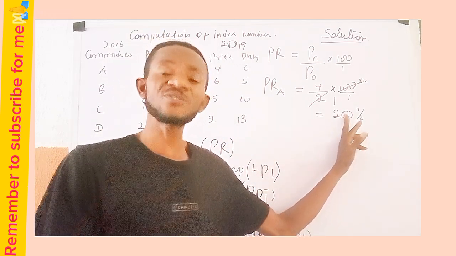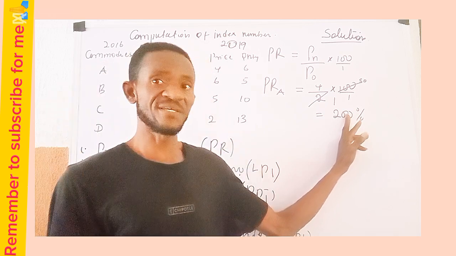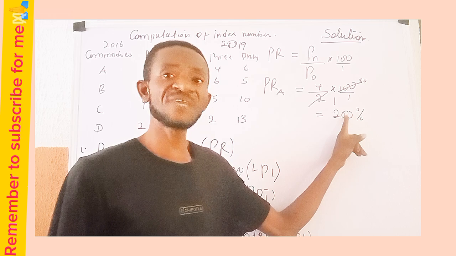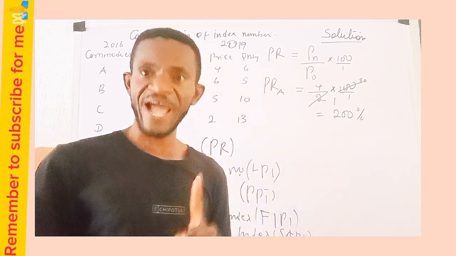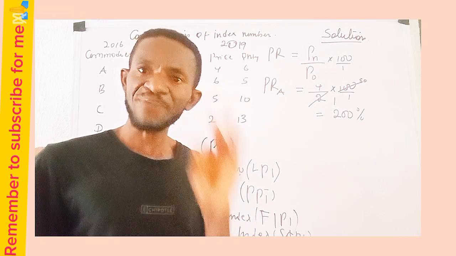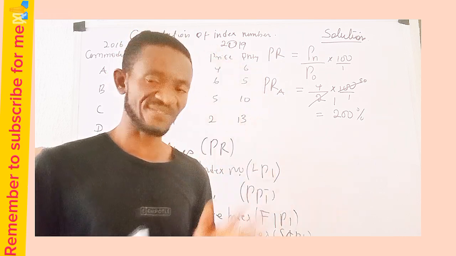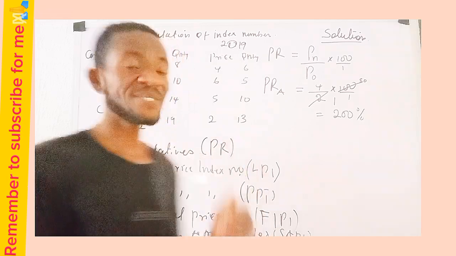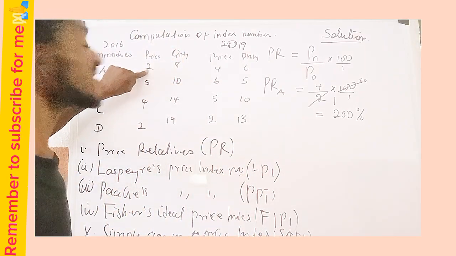First of all, we subtract that 100% that is always assigned to the base year. If you subtract 100% from 200%, you have 100% left. One will be able to say that the price of commodity A has increased by 100 percent. Even if you look at what is here, the price here is 2 naira.